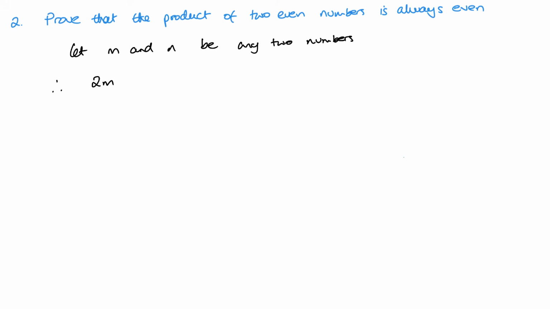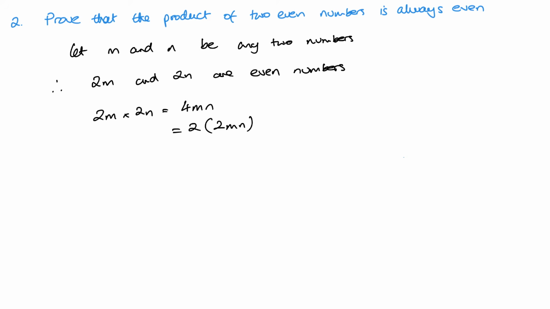Therefore, 2m and 2n are even numbers. And that's my first bit, and this is going from a known fact. Multiples of 2 are even numbers. Now, we're looking for the product of them. So 2m times 2n is equal to 4mn. And we want to prove that this is even. So that equals 2 lots of 2mn. Okay, and that is my proof now.